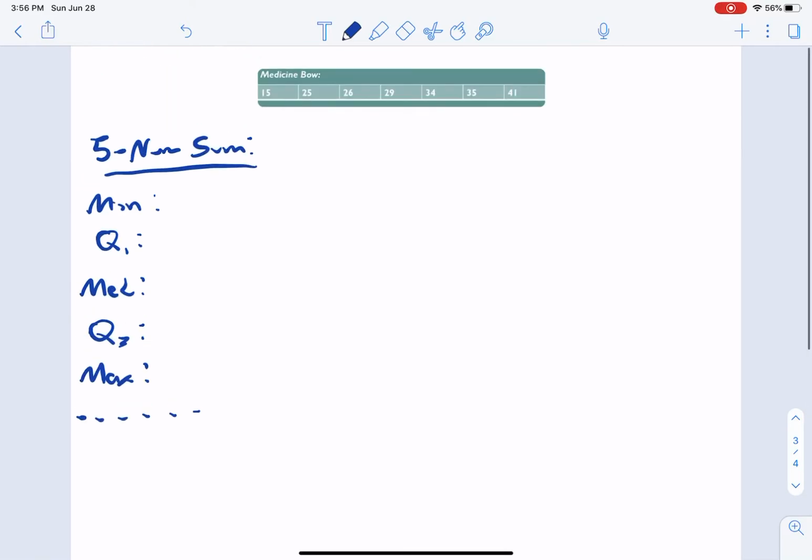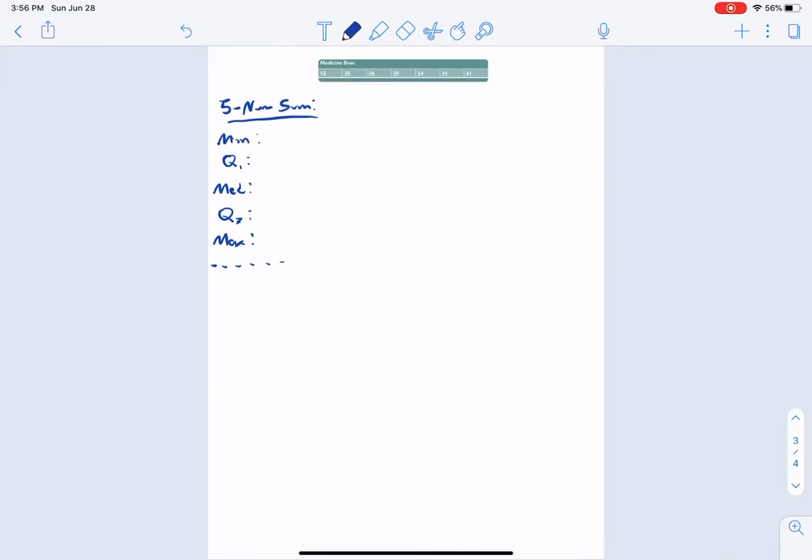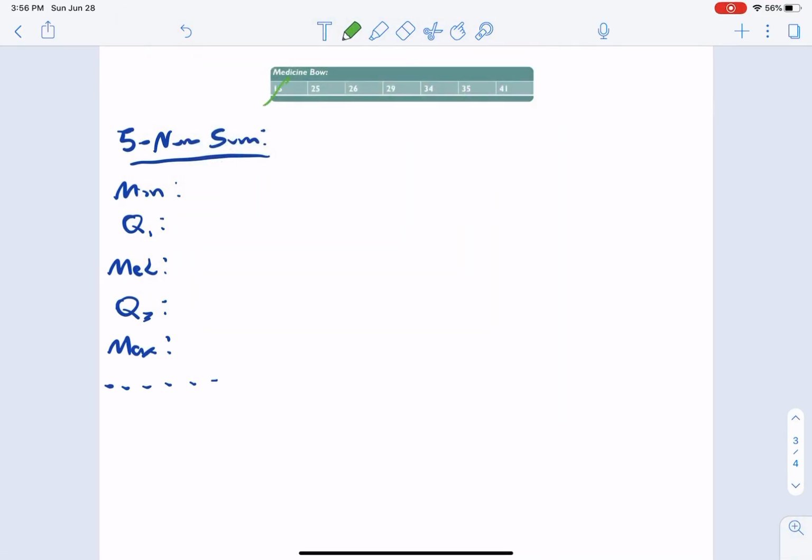All right, so we know. Let me get the colors correct here. Light green, maybe a neon green. All right, so the median here, we just cross them out. 29 is our median.